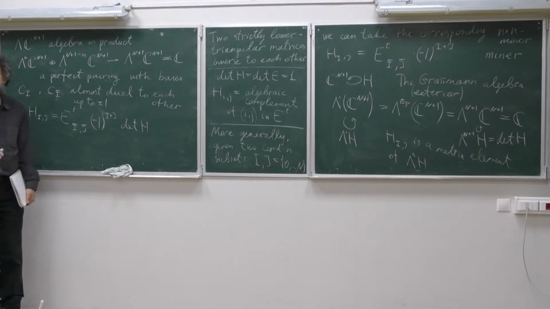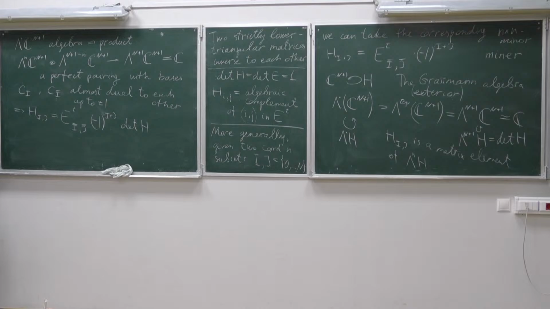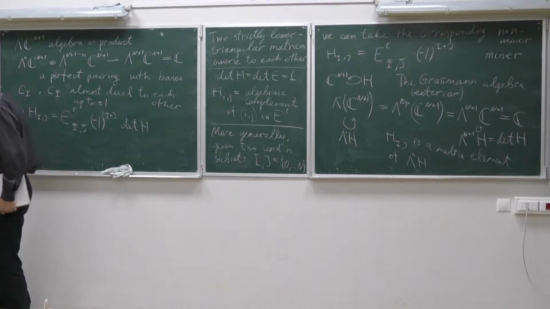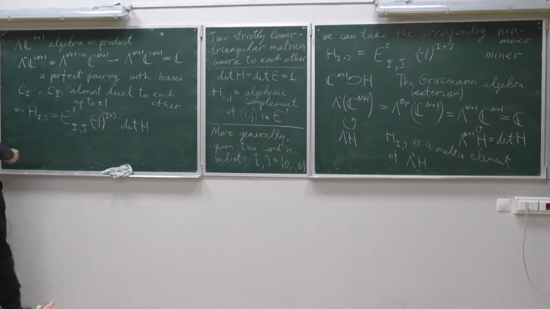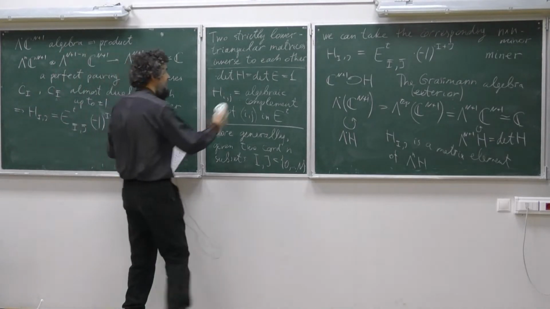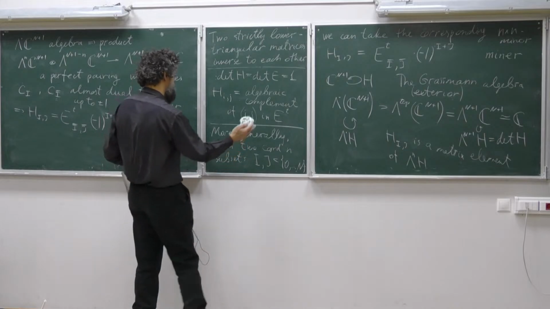Right. Perfect pairing, non-degenerate. There is no kernel. They have the same dimension, and this pairing identifies this with the dual of that, and this with the dual of that. No kernel, non-degenerate pairing. Okay. So, well, let's come back from our digression.